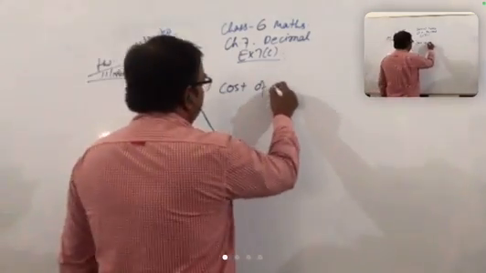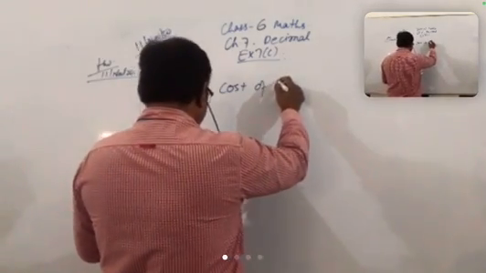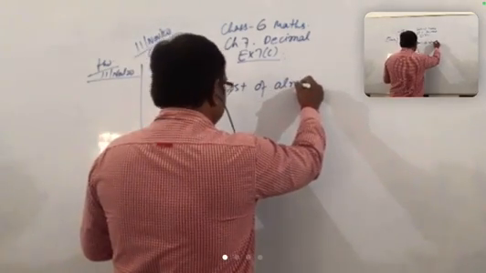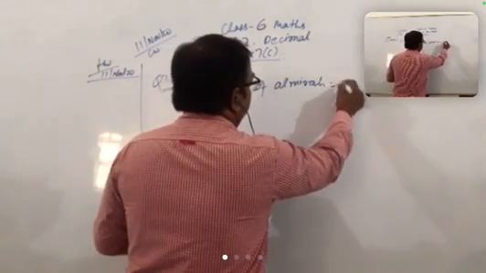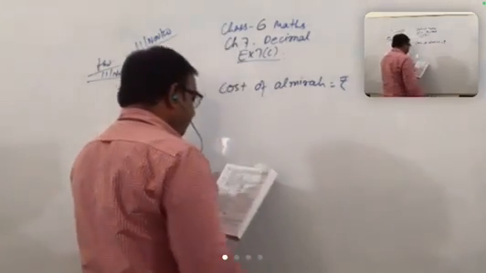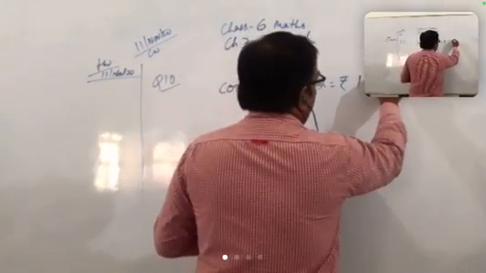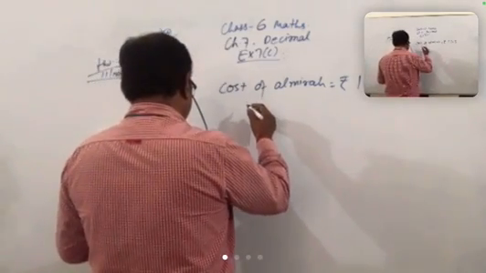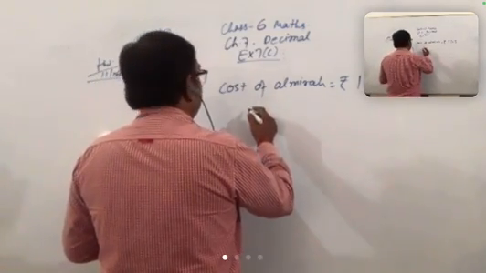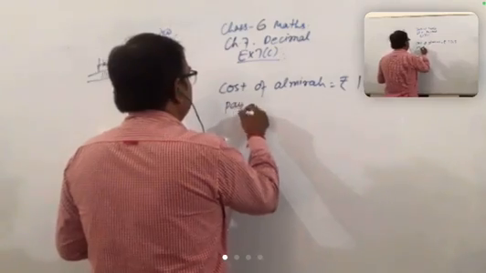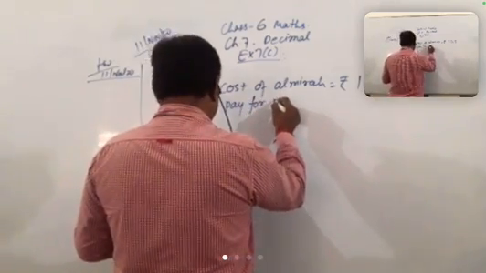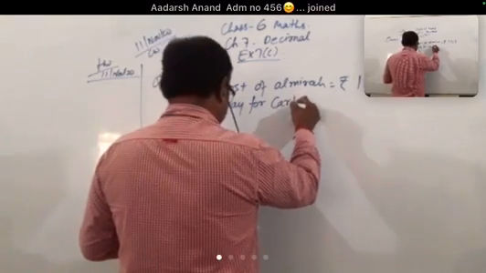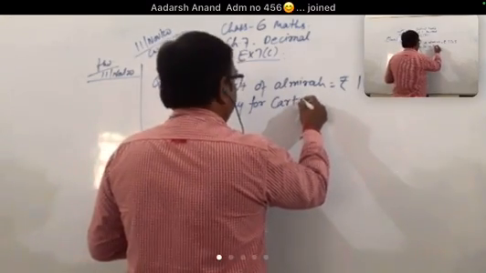Cost of Almirah. Cost of Almirah is equal to rupees 11,025, and pay for cartridge.